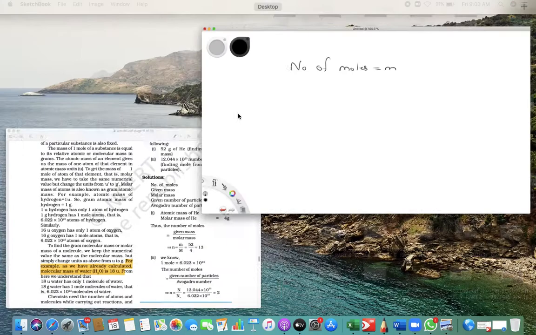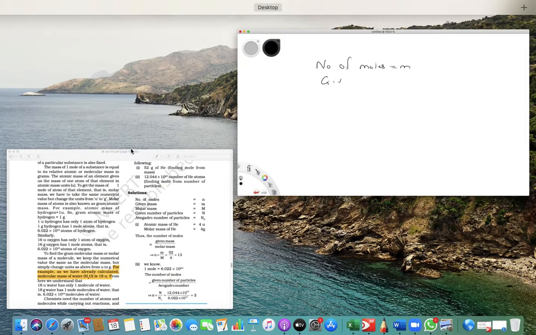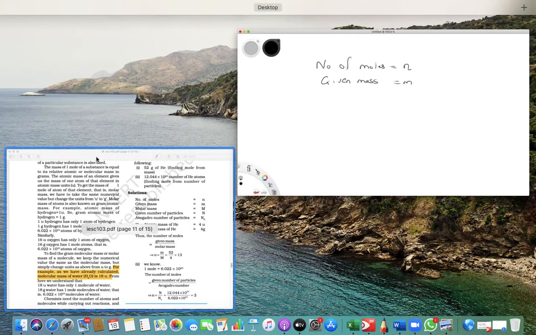Now, we have seen there are certain symbols we use. Number of moles, we will use small n. Given mass, we use small m, right?